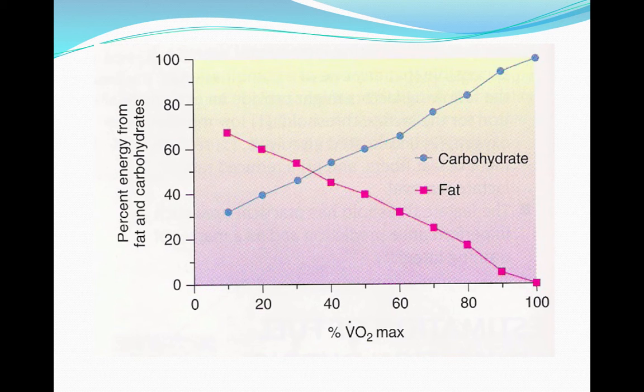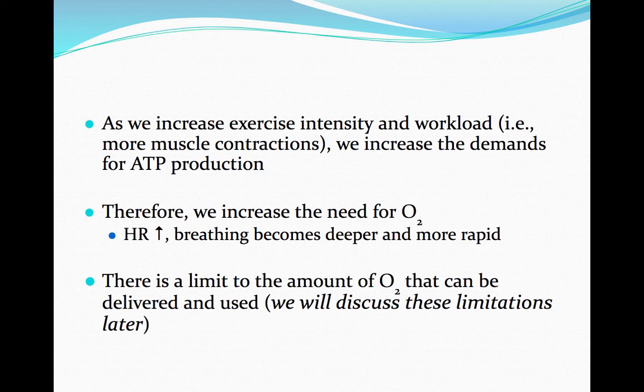That's because you're moving so quickly, you've got to use the quicker pathways. So as we increase exercise intensity and workload, which means more muscle contractions, we increase the demands for ATP production.